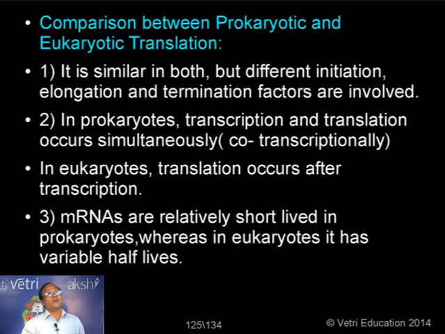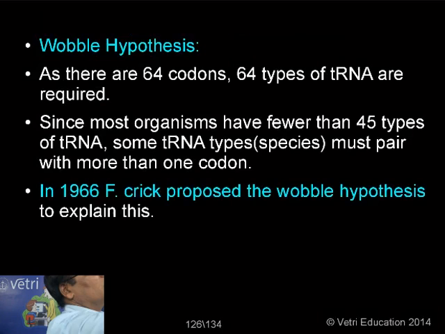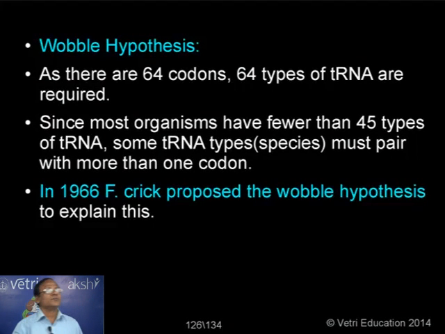In prokaryotes, transcription and translation occur simultaneously, but in eukaryotes translation occurs only after the transcription process. In eukaryotes, the mRNAs are long-lived and have variable half-lives, but in prokaryotes the mRNAs are short-lived. These are some of the comparisons between prokaryotes and eukaryotes regarding translation.